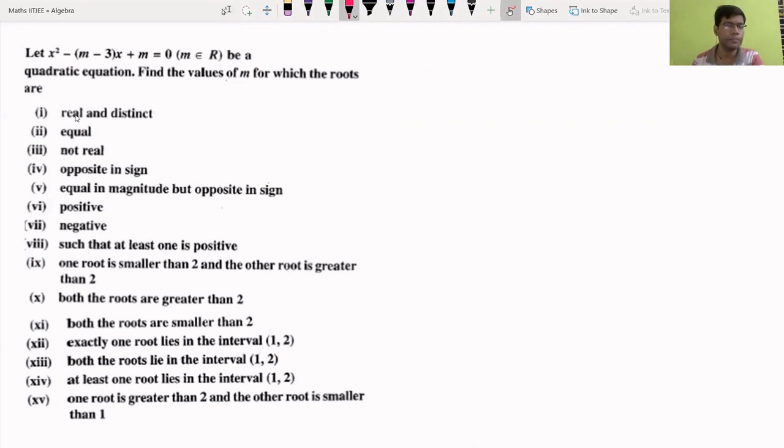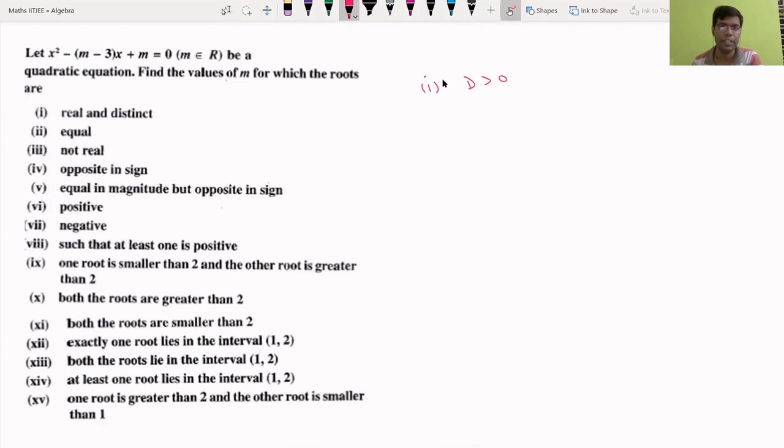So first, the roots have to be real and distinct. Let's take the first bit. When I say real and distinct, my condition is that the discriminant has to be greater than 0, not equal, because when I say equal, that means it has equal roots.